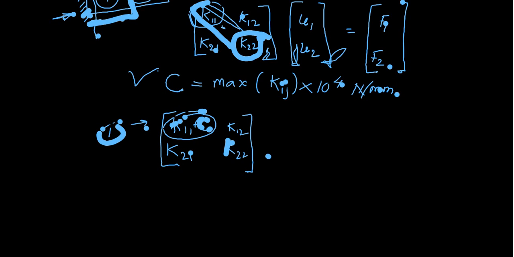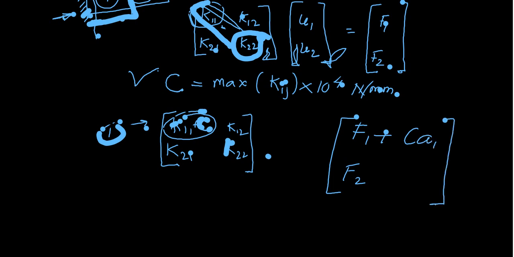And the load vector, F1 and F2, is also modified: F1 becomes C times a1. Because F1 is at a fixed support, there will be no displacement, so a1 will be 0.